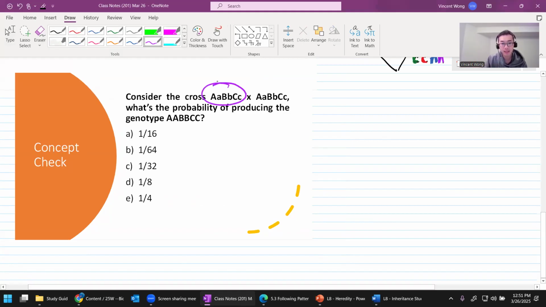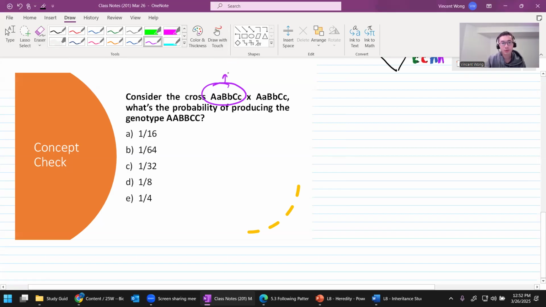How many gametes can this person produce? How many different types of gametes? Do you remember how to figure that out? There are three genes, but how many gametes? Two, two, two. And then what do you do with those twos? Multiply.